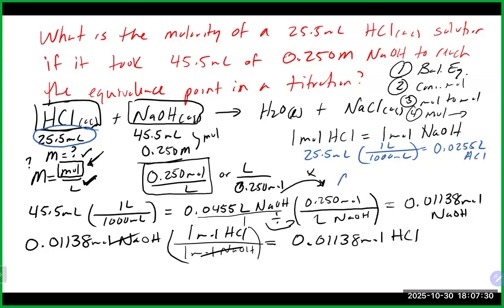And now we can get the molarity, which would be our moles from the bottom there, 0.01138 moles, divided by our volume in liters, 0.0255 liters. And if we do that, we're going to end up with, we'll call it, 0.446 molar HCl.